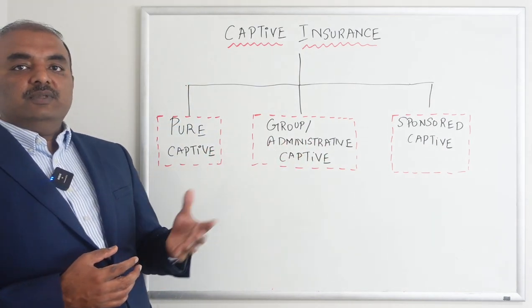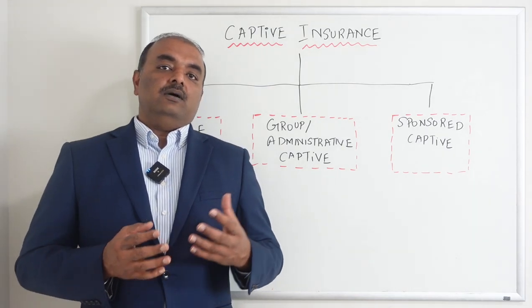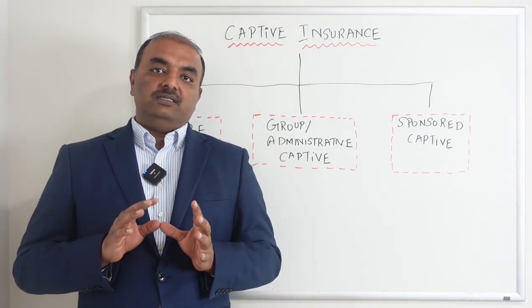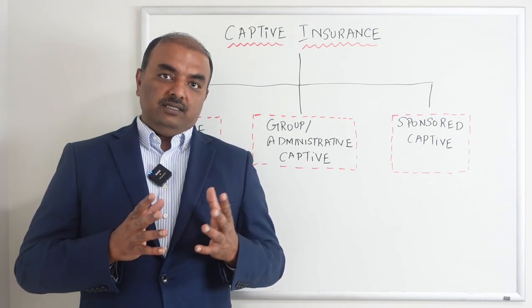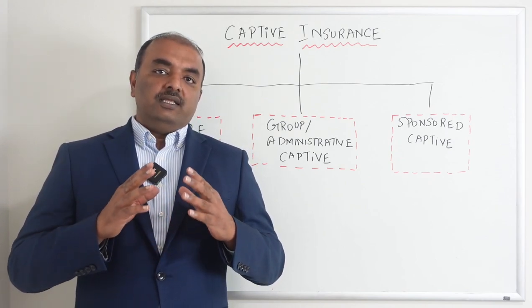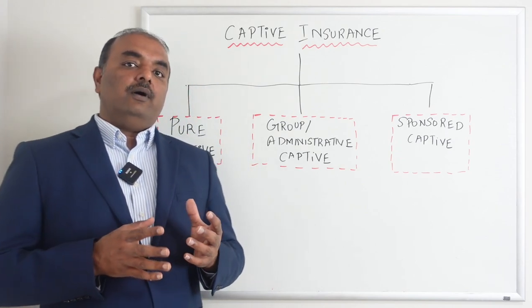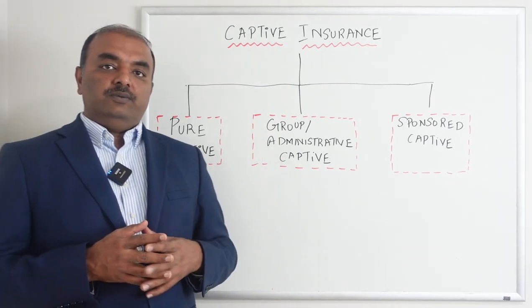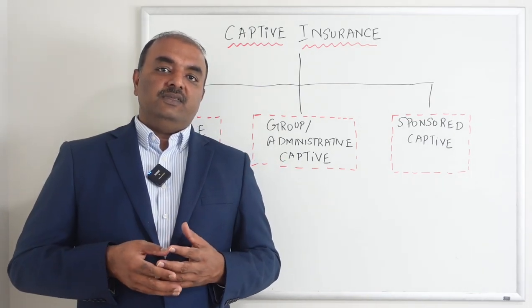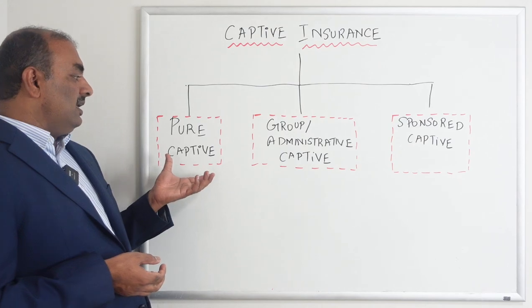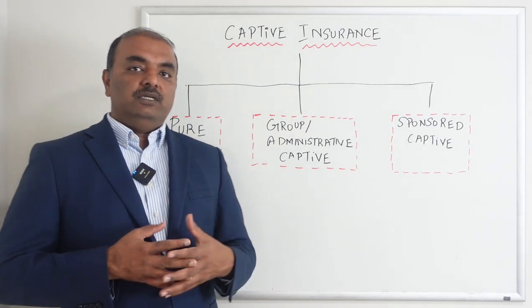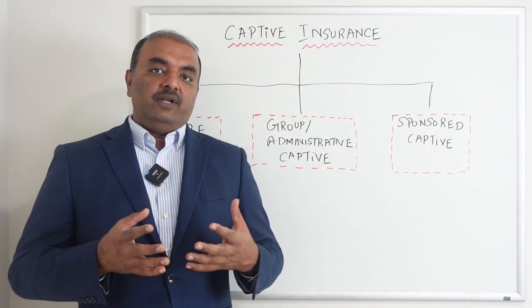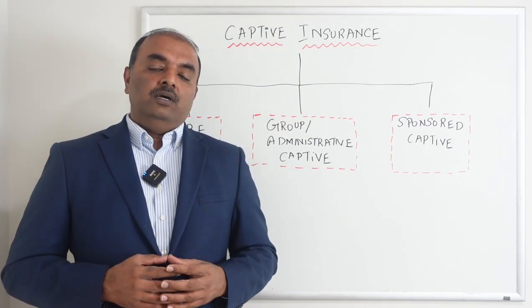The benefit here is, because all 10 have similar operations, there could be a very good understanding of their loss nature, and also if there is any underwriting profit, it can be shared among the 10 pizza shops, right? The concept here is, pure is a single captive, whereas here it is multiple companies with similar kinds of operations coming together and forming a group captive.